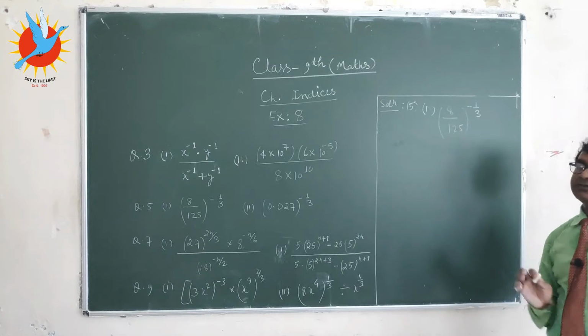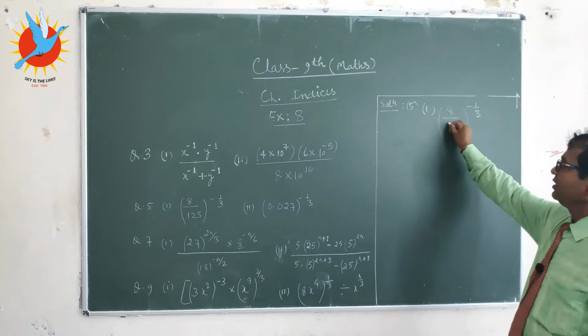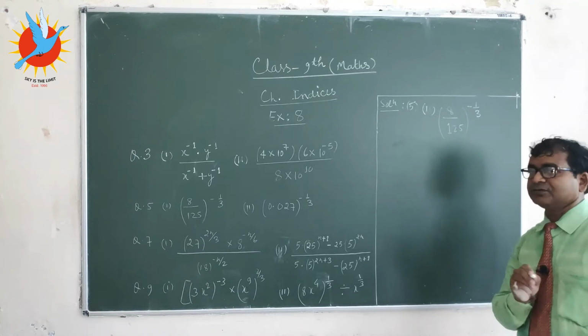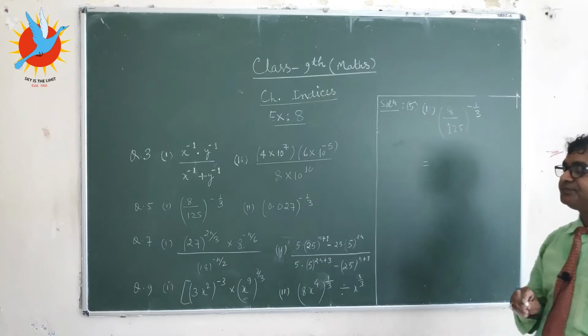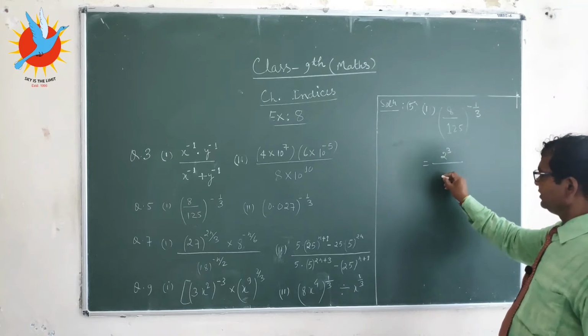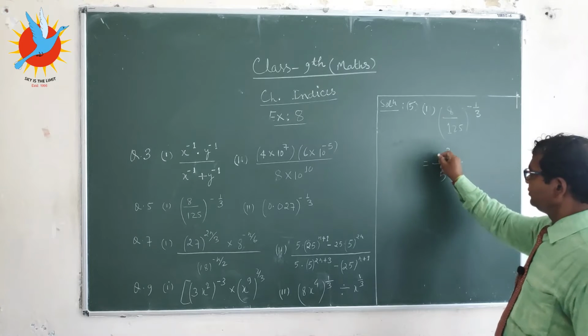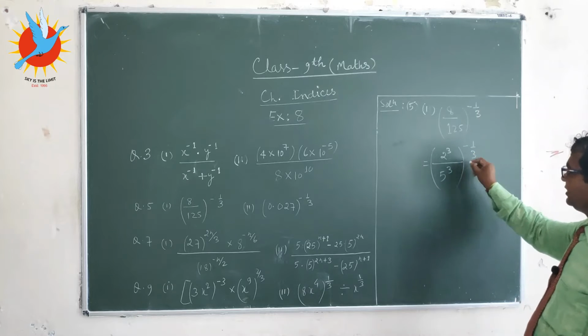Now factorize this 8 and 125 and then convert it into powers of positive primes. This can be converted into 2 cube over this can be written as 5 cube and raised to the power minus 1 by 3.